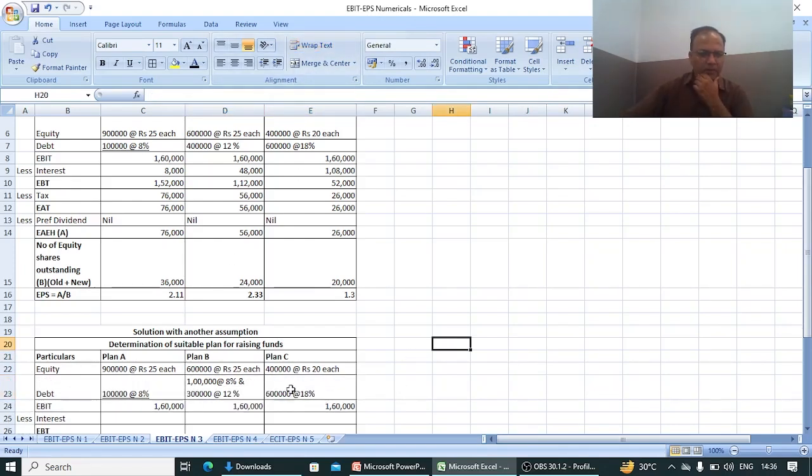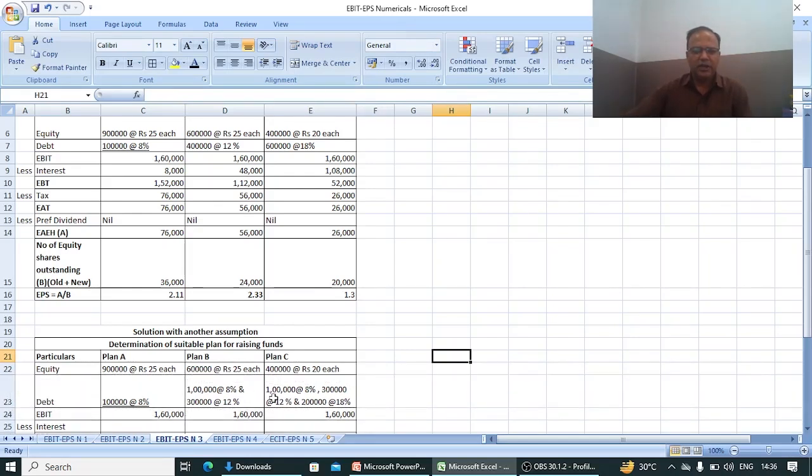Now here, 1 lakh at the rate of 8%, 3 lakh at the rate of 12% and 2 lakh at the rate of 18%.